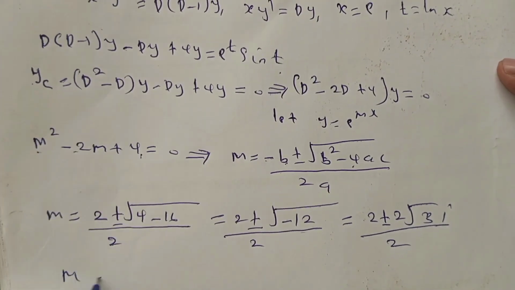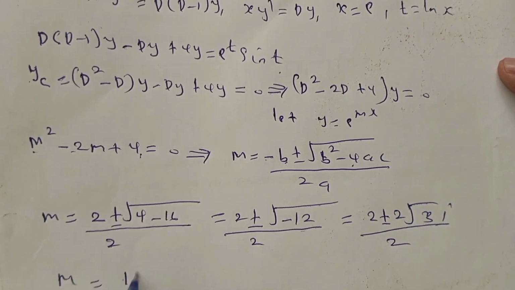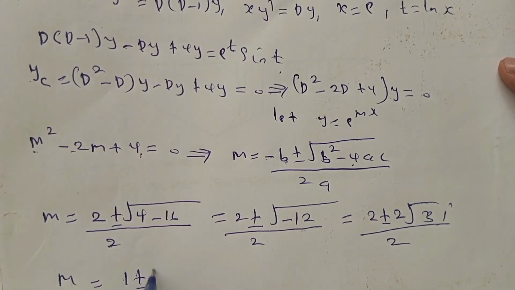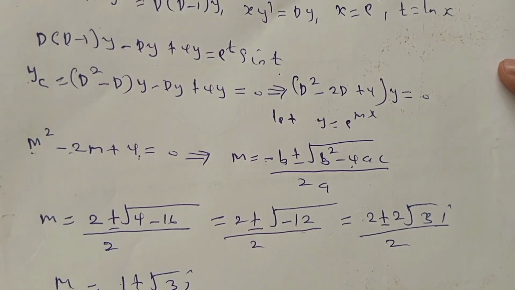So m is equal to 1 plus or minus root 3 i.